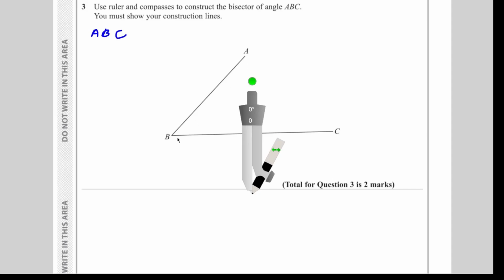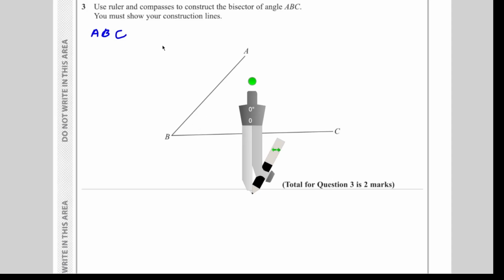Here A, B, C, then this is the angle. We call this one arm of the angle. This is the other arm of the angle. You can measure it and divide.